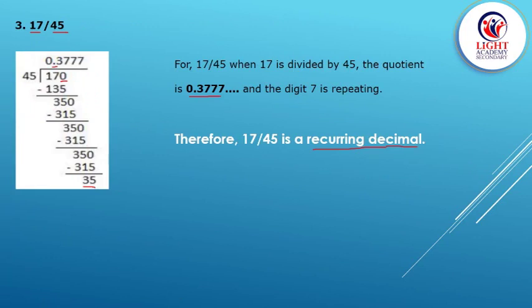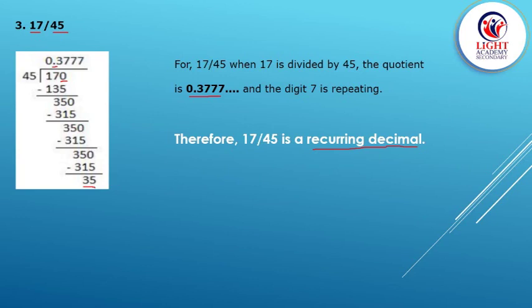Yes, question number 3. 17 divided by 45. We need to change this fraction into a decimal. So 17 is the numerator and 45 is the denominator. So we divide 17 by 45. When we are dividing by 45, we cannot divide because 17, the dividend, is smaller than the divisor.